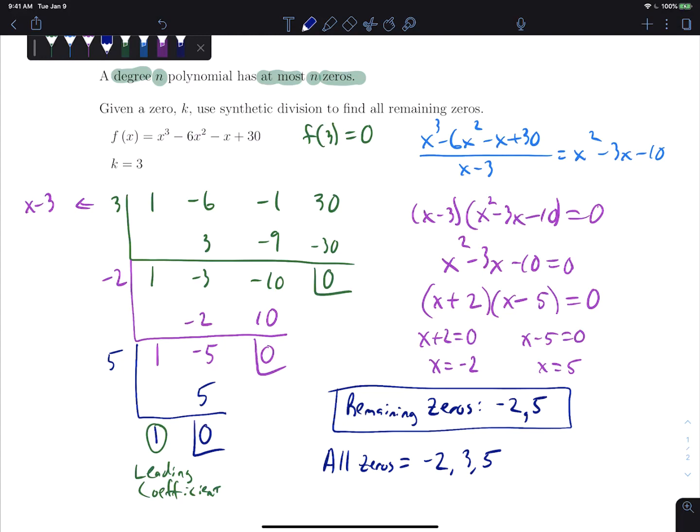And it just depends on what the question's asking for. If it asks for the remaining zeros, just give these 2. But if it asks for all zeros of the polynomial function, make sure that you list all of them. Now notice that this is degree 3, so it has at most 3 zeros. There they are.